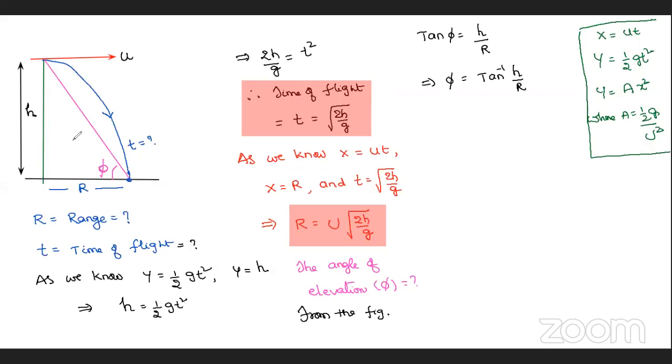And in the same question, if I ask at some point here, suppose this is point A, this is point B, and at some point C, what is the velocity of the body?